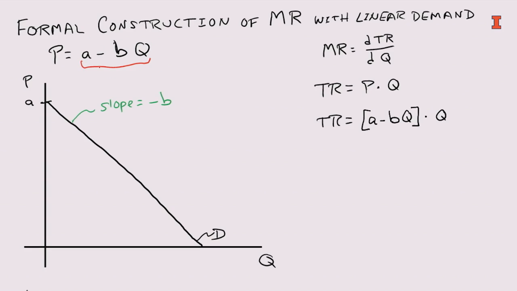But let's factor that through. That means that total revenue would be equal to AQ minus BQ squared. That's good. Now we know marginal revenue from this formula.